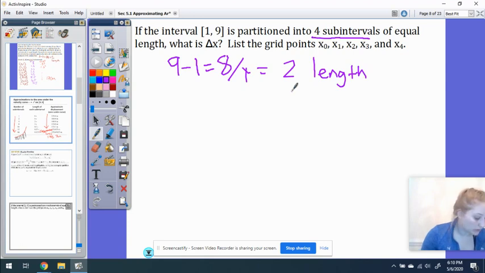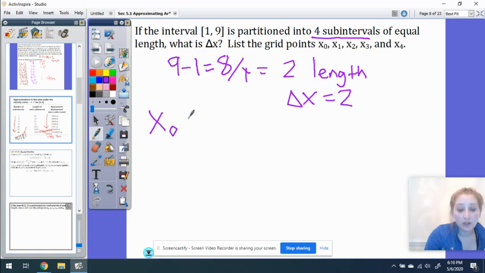You will also see this written as a triangle with your x. Okay, so that's what this stands for. So my initial value is 1.